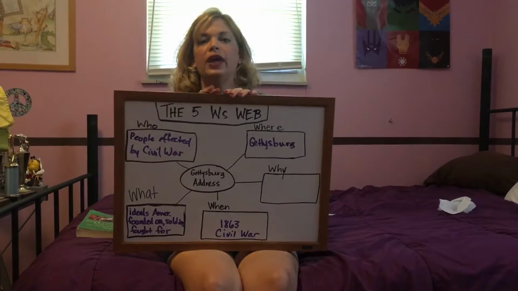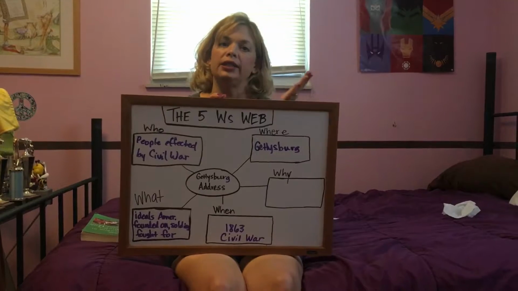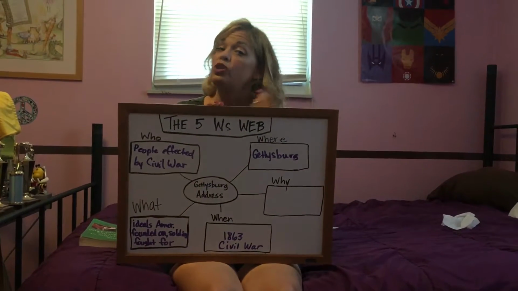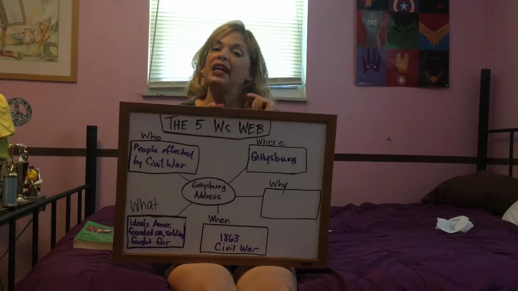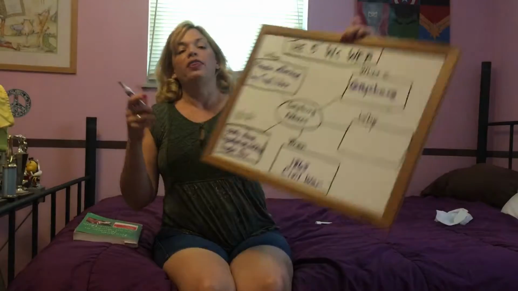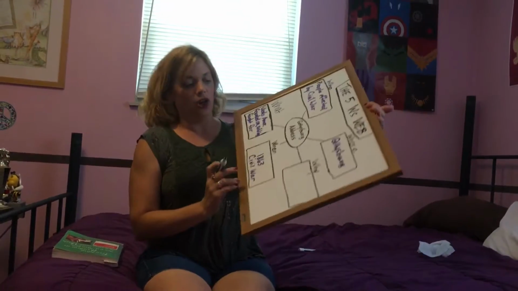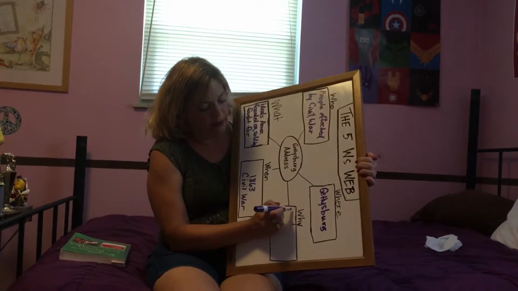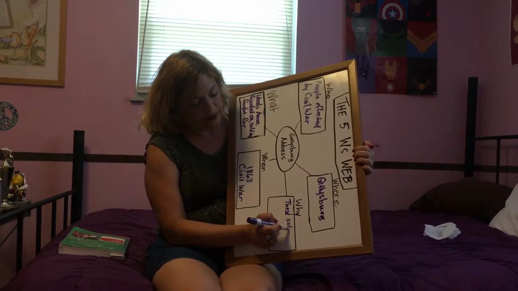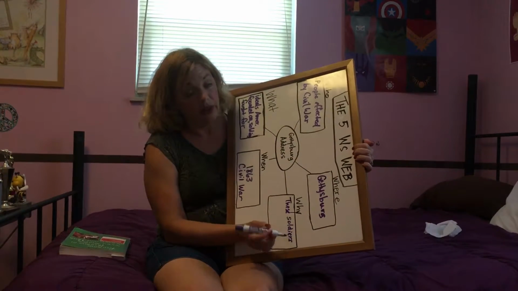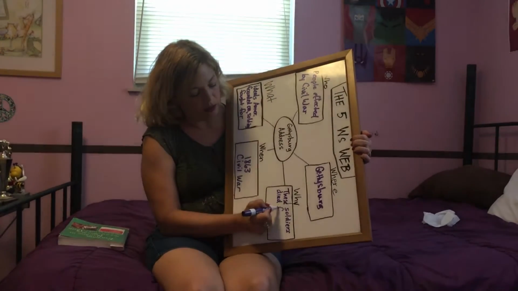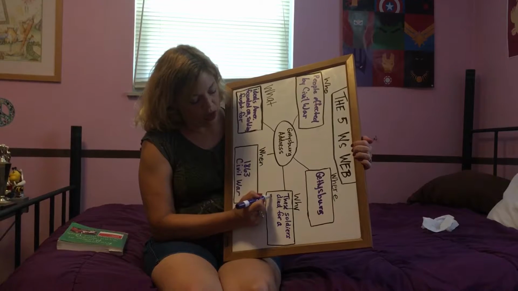So in this instance, what Lincoln is trying to convey to us is the sense that these men, and he says these words too, did not die in vain. They died for a cause, and it was a worthy cause. So I think the why of what Lincoln's trying to get across is these soldiers, the Union soldiers in the Civil War, died for a worthy cause.